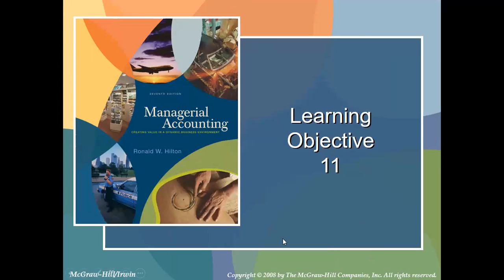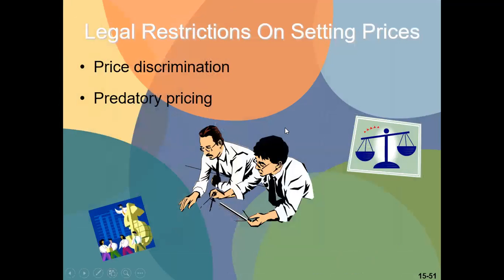All right. Then learning objective 11, what are the legal restrictions on setting prices? As discussed a while ago, I've mentioned predatory pricing wherein we set the prices very low so that our respective competitors would not be able to compete with us healthily. In that case, that is supposed to be regulated.